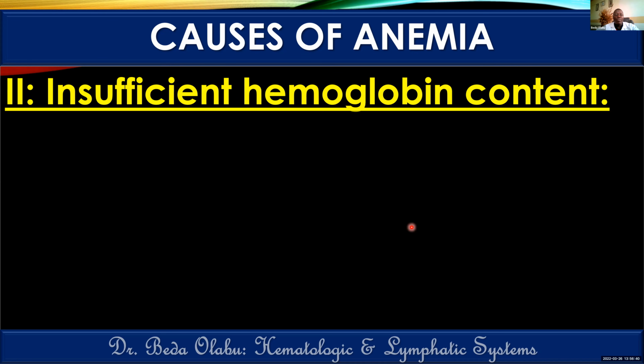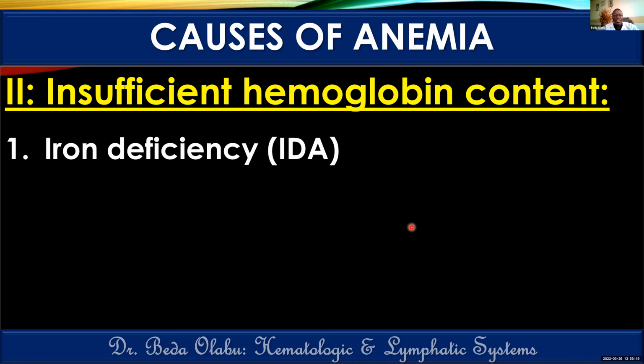You may also have anemia because of insufficient hemoglobin content. The red blood cells are normal in number, but they don't have enough hemoglobin. We see this often in cases of iron deficiency anemia, which will give you hypochromic microcytic anemia.